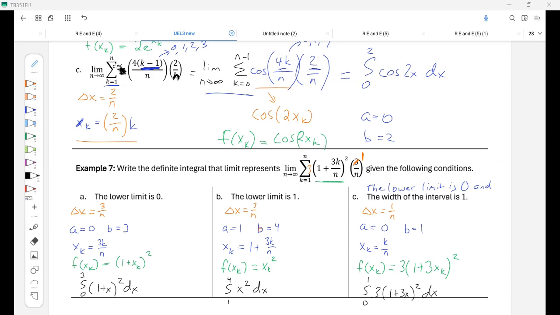So that's where that comes up from. There's no other reason to arbitrarily make the width 1, which kind of messes everything up. You then have this weird 3 out front. You end up with the coefficient in front of your x. This is the most complicated integral going. So this last letter C isn't something that I expect you to have to do on the reg. It's not good in the grand scheme of things. Maybe there's 1, possibly 2 multiple choice questions on this.